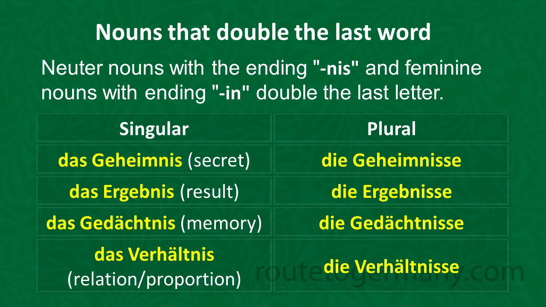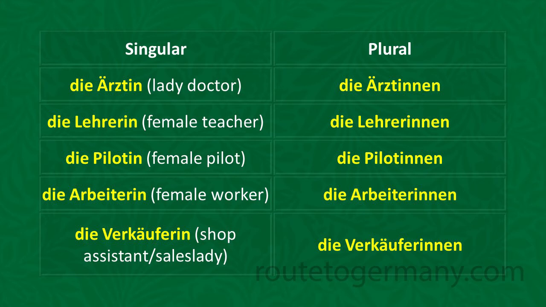Their pattern of making plural is like in das Geheimnis, die Geheimnisse, das Ergebnis, die Ergebnisse, das Gedächtnis, die Gedächtnisse, das Verhältnis, die Verhältnisse, die Ärztin, die Ärztinnen, die Lehrerin, die Lehrerinnen, die Pilotin, die Pilotinnen, die Arbeiterin, die Arbeiterinnen, die Verkäuferin, die Verkäuferinnen.